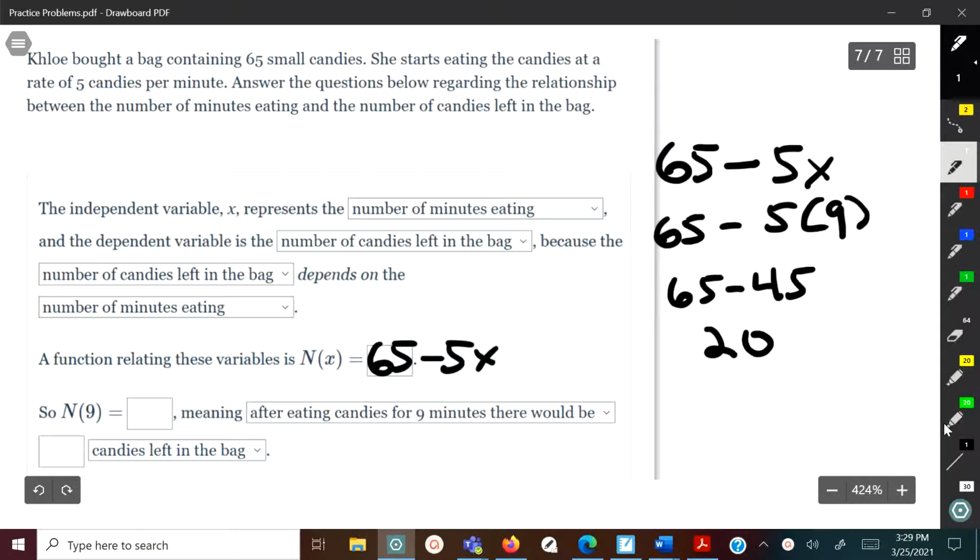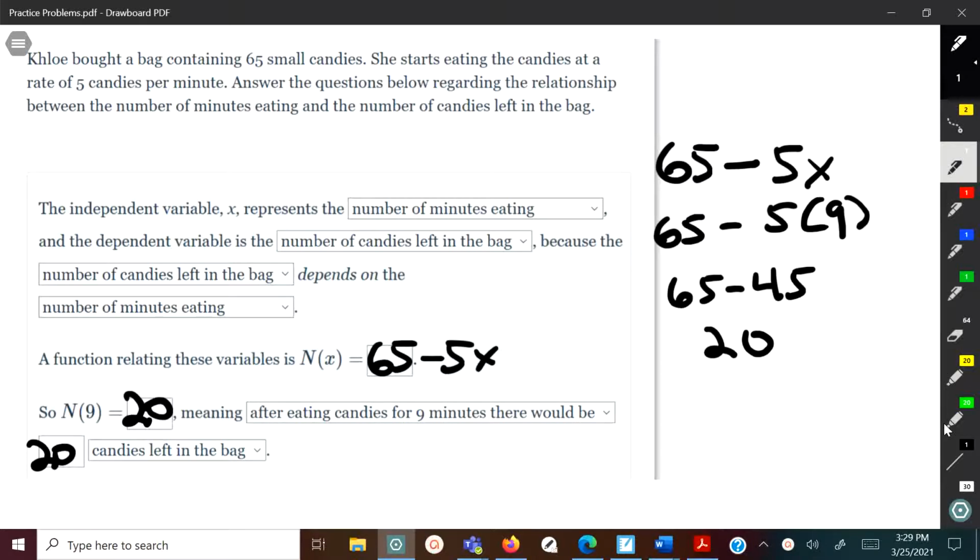So we do 5 times 9 to get 45. 65 minus 45 is 20. So it's 20 candies left in the bag. That means after eating candies for 9 minutes, there will be 20 candies left. That's a lot of candy in 9 minutes.